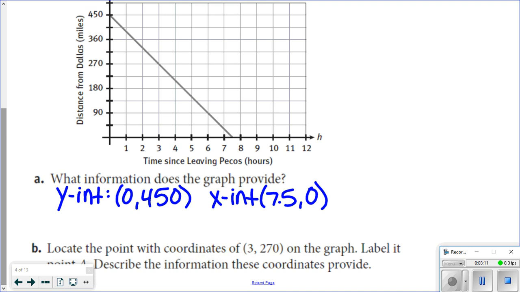So I noticed that my y-intercept is (0, 450). So 0 hours, the time since leaving Pecos, and 450 miles is the distance from Dallas. And my x-intercept is 7.5, which stands for the hours or the time since leaving Pecos.